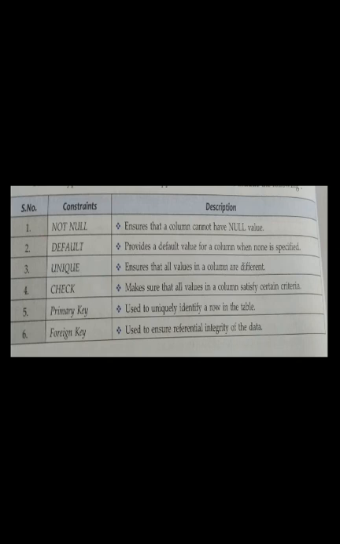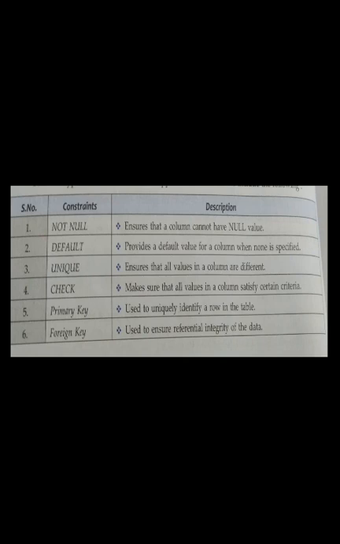Then we have the check constraint. The check constraint makes sure that whatever value you are providing is first checked, and only then can that value be inserted. Like for example, check marks between 0 and 100, it will check that marks are between 0 and 100 only.